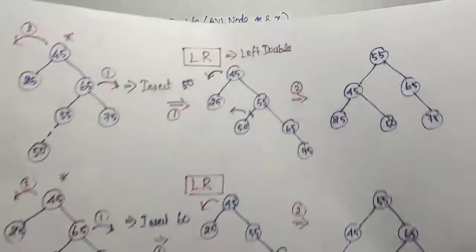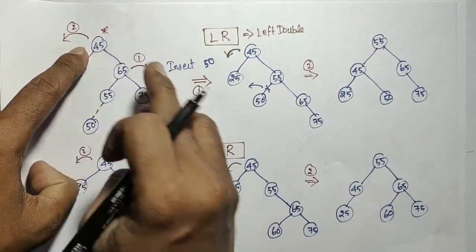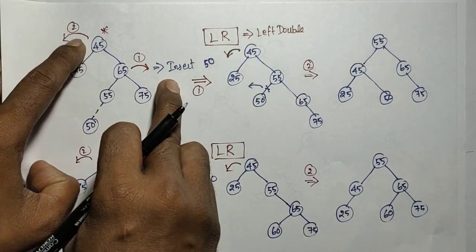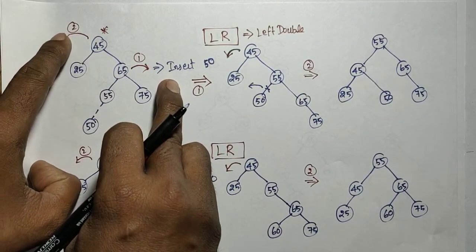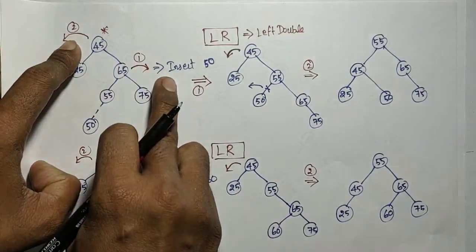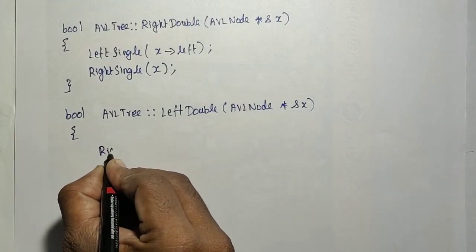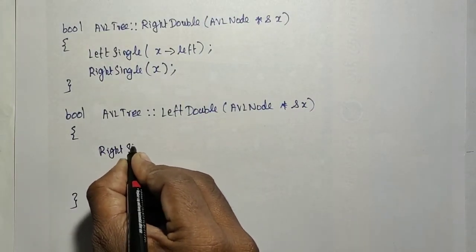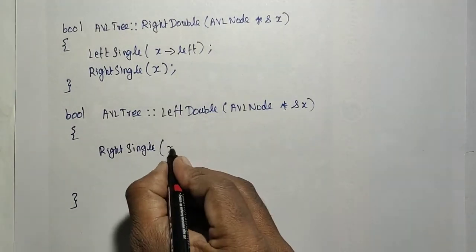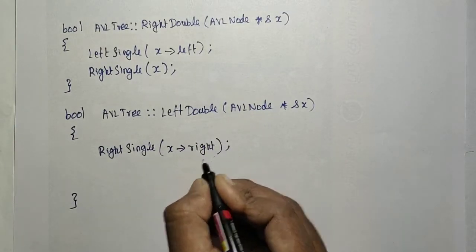Similarly for the left double, what you have to do? This is that x. I need to rotate the right on the right side, then the main x on the left side. So the right has to be rotated on the right side first, so right single of x of right has to be rotated.